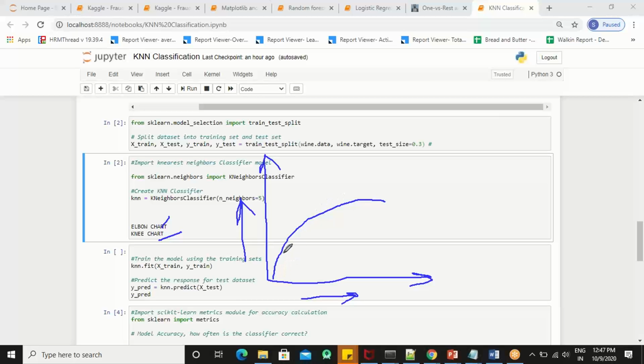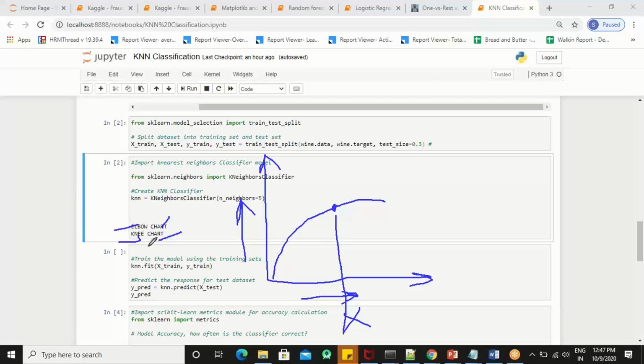Initially you increase K, and there is a very high increase in accuracy, but after a particular point, a sweet point known as the inflection point, you see that you're not gaining that much accuracy as compared to the computation power that you are losing, right? So you will stay at this value of K here. Okay, so these are the two charts.